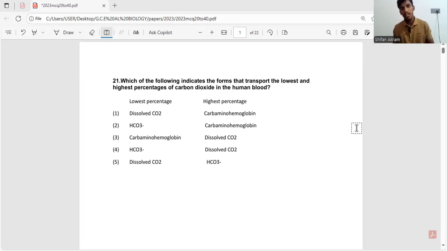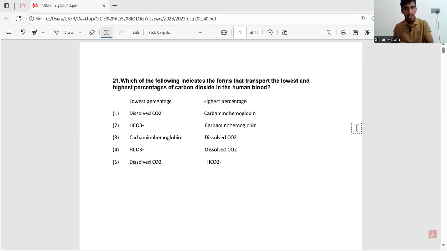How does this happen? Now, we know carbon dioxide is present in the tissues, right? From the tissues, they diffuse into the blood. And in the blood, the carbon dioxide enters the red blood cells. Inside the red blood cells, using specific enzymes, carbon dioxide binds with water to form carbonic acid. Now this carbonic acid dissociates into bicarbonate and hydrogen ions.